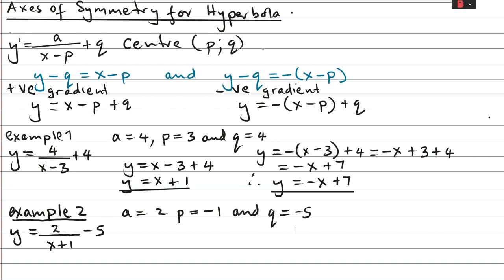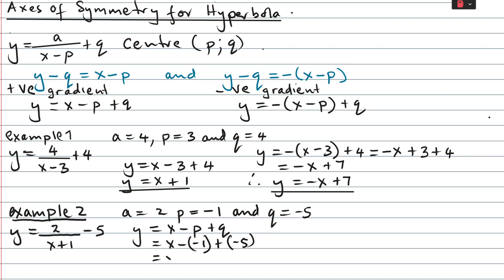So for the line with a positive gradient, we have y equals x minus p plus q. So we are going to have x minus, then minus 1, plus minus 5.